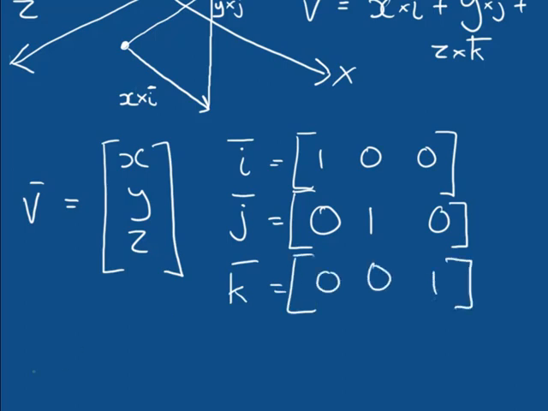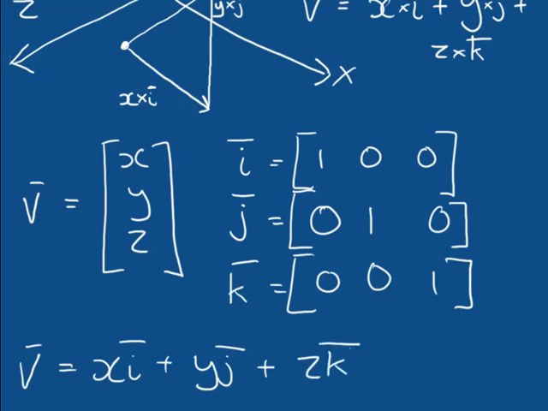We can write v is equal to xi plus yj plus zk. So we can write any vector as a combination of our three Cartesian vectors.